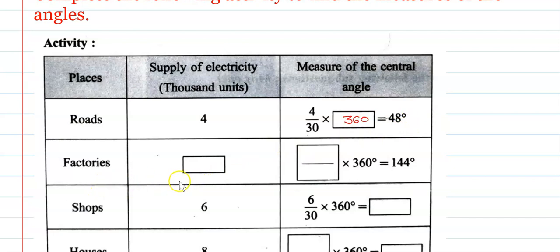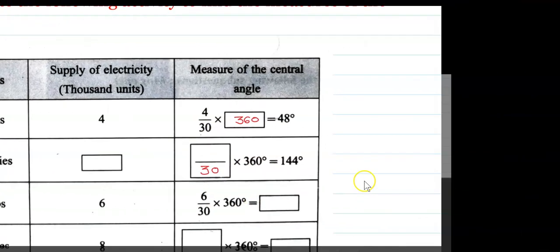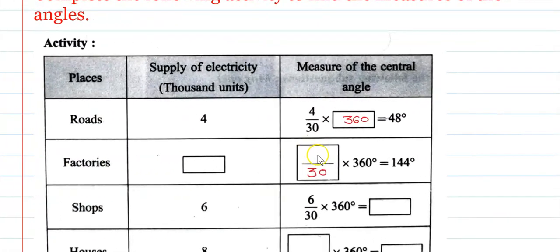Next, factories. Calculate for factories. What about here? The total is 30. Okay. Now to find out the value of x. x upon 30 into 360 is equal to 144.